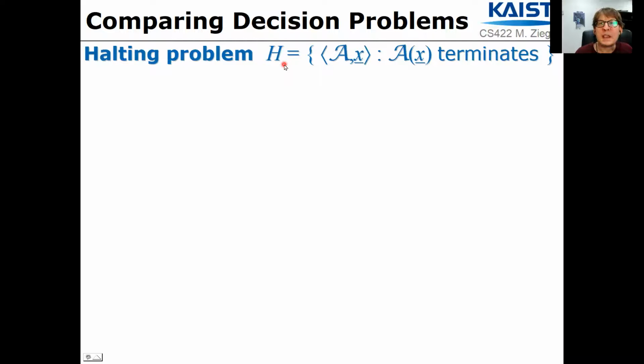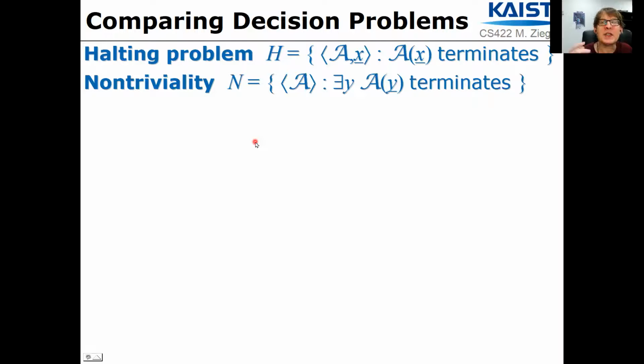The second example that we want to consider is the non-triviality problem. Here the input is only one algorithm, no input. And the question is, does there exist an input on which this algorithm terminates? Why is this called non-triviality?